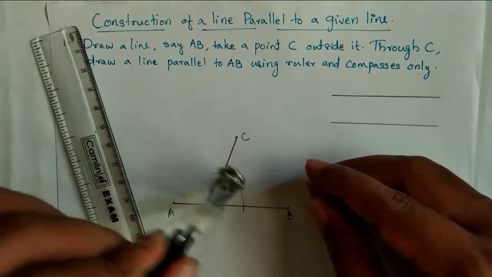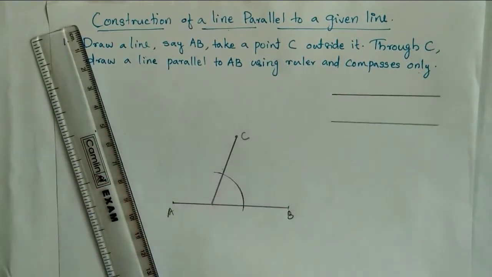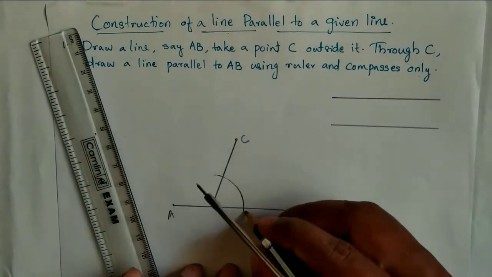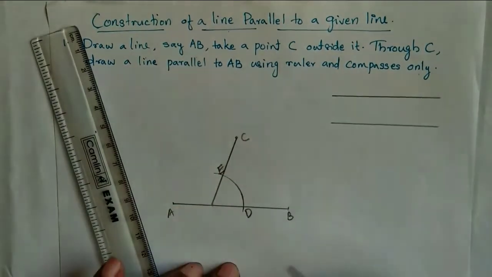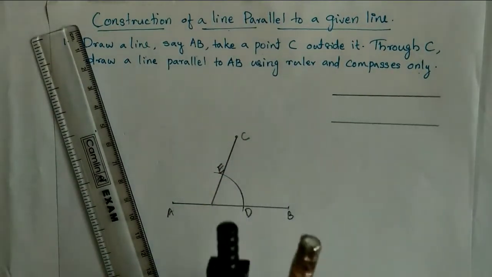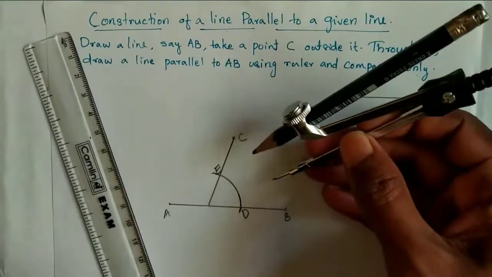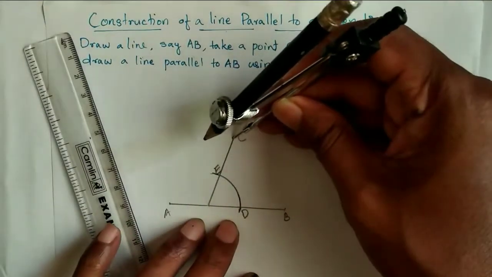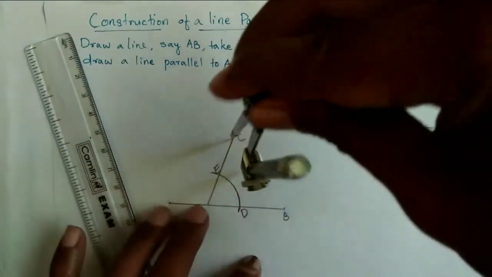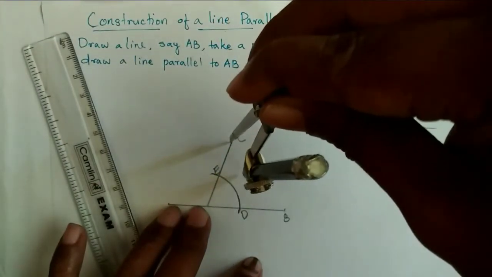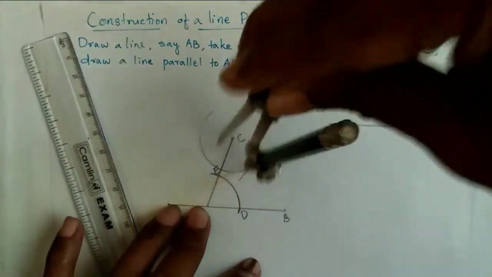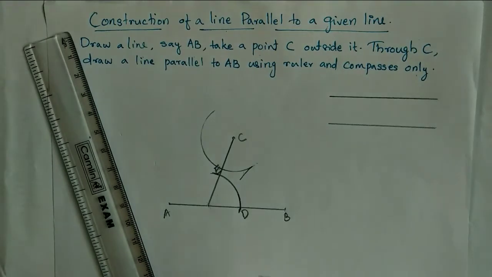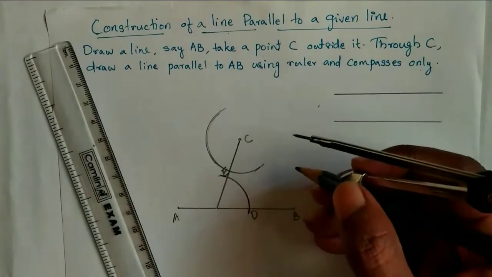Then name the two points: one is capital letter D and the second one is capital letter E. With no change in your compass, keep the same measurement, put your compass on C, and draw an arc the same way, and you will get a big arc from C.